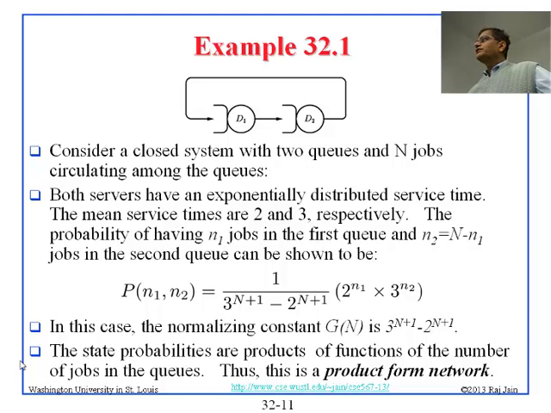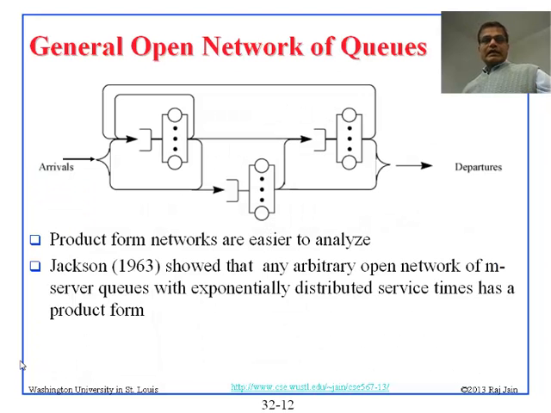Okay. So whenever you see an expression like this, then you know this is a product form network. The first person to analyze product form networks was Jackson, 1963.